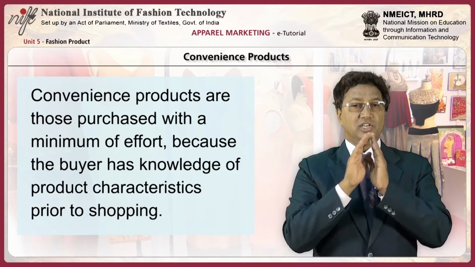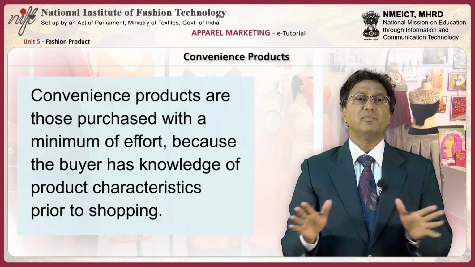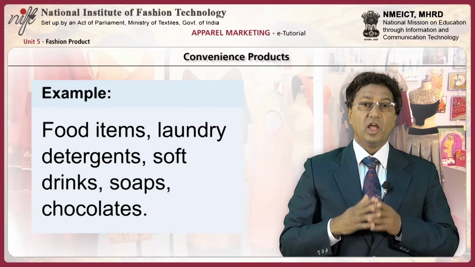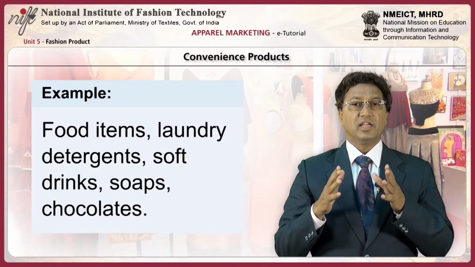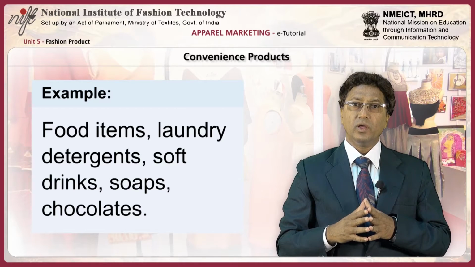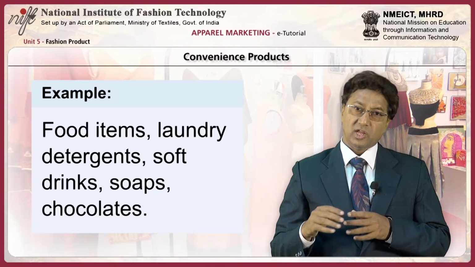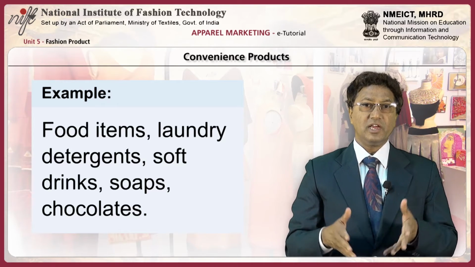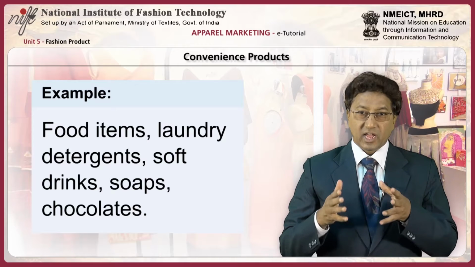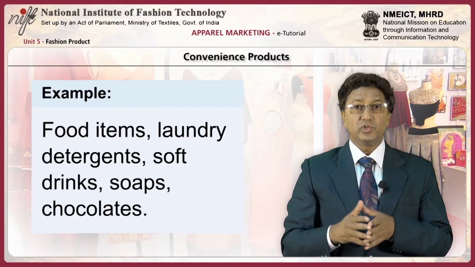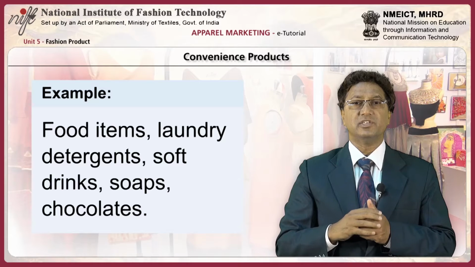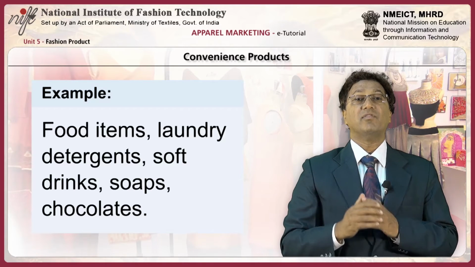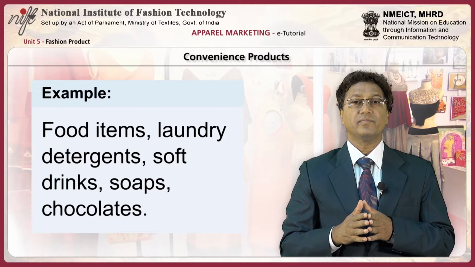The consumer does not want to search for additional information because he has product familiarity. For most buyers, convenience goods include many food items, laundry detergents, soft drinks, soaps, chocolates, etc. Convenience products are usually placed in many locations in the store to make them readily accessible for consumers during shopping.